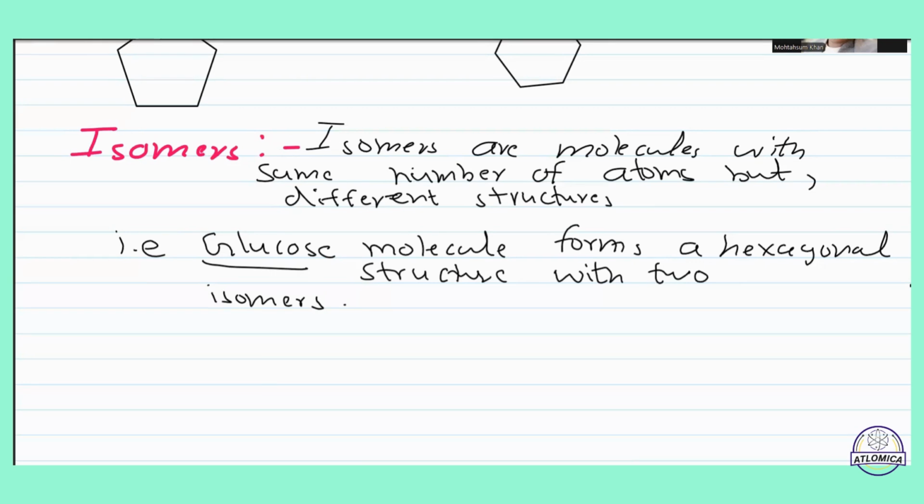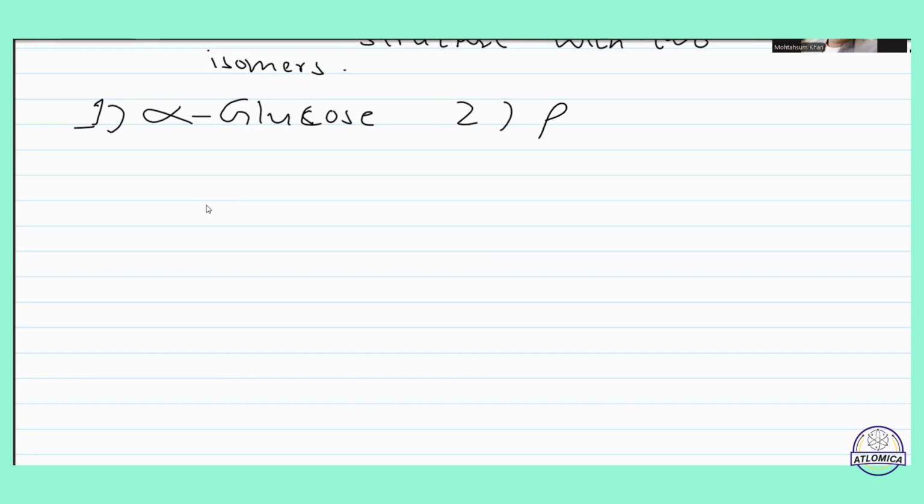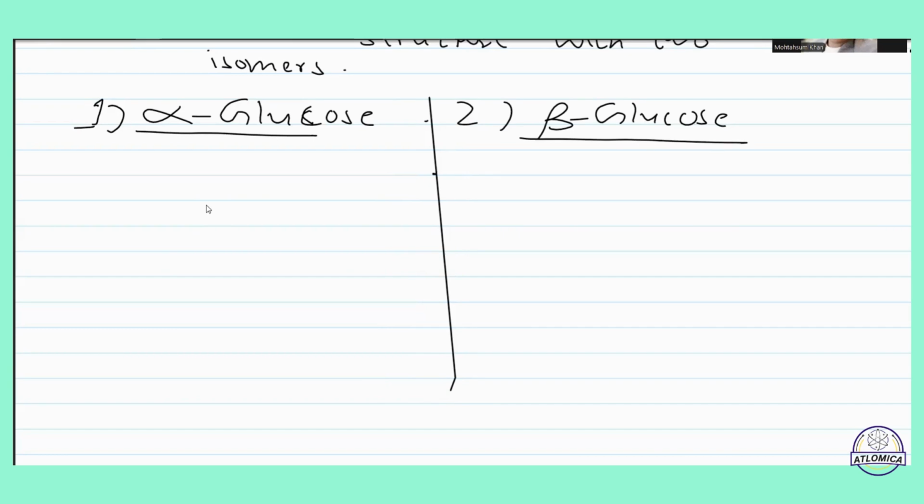The first structure that we have is your alpha glucose. And the second structure we have is your beta glucose. Now, alpha glucose and beta glucose are isomers. They all have the same number of atoms, C6H12O6, but they have different arrangements that we'll discuss in our next class.